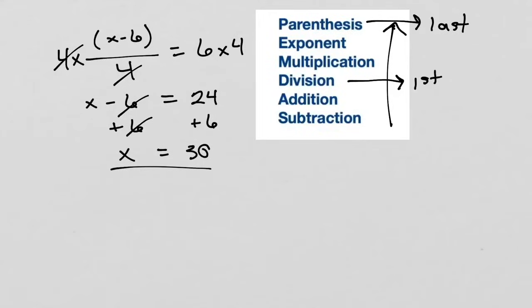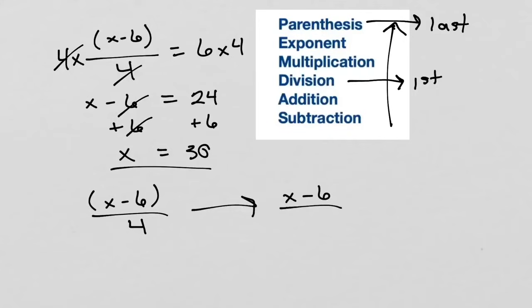When it comes to division, the parentheses is usually not written. So, (x minus 6) over 4 will be simply written as x minus 6 all over 4. When you say a number dividing two or more numbers this way, parentheses is implied.